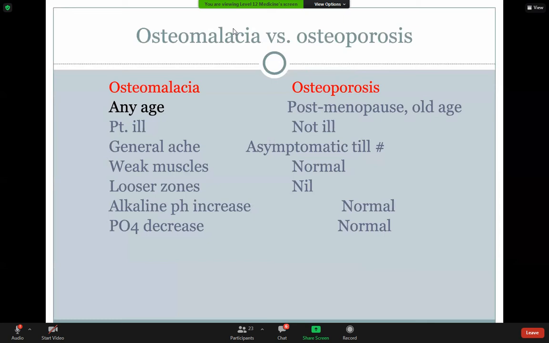Whereas osteoporosis usually happens in postmenopausal ladies or older age in general. The patient is not ill. They are usually asymptomatic until they get a fracture, and the fracture obviously is symptomatic. The muscles are normal. There are no looser zones on x-rays. Alkaline phosphatase and phosphate levels are also normal.